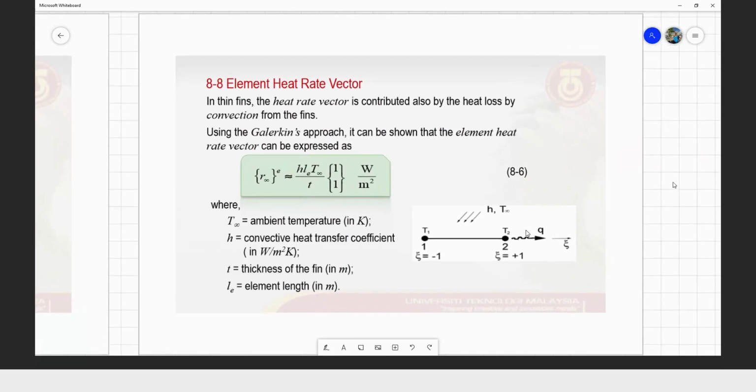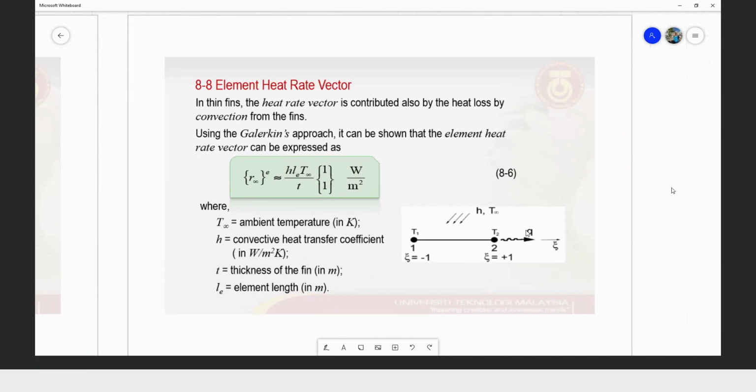So for the element heat rate vector, which is our R matrix. Untuk thin film, the element heat rate vector is different to the heat transfer through the plane wall, which is R untuk plane wall is actually calculated based on the internal heat generation kan.